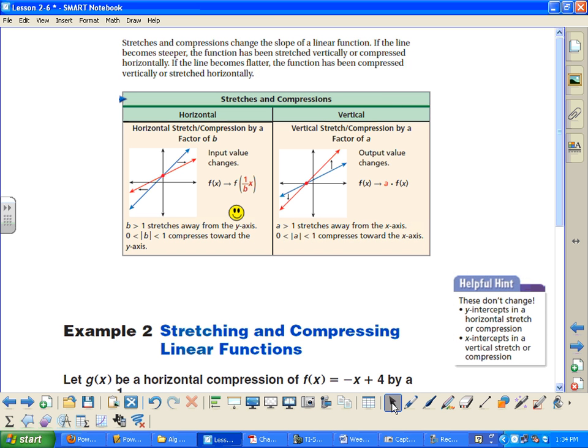What's something when we flip something over, what do we call that? Reciprocal, okay? So when it's horizontal, it's actually going to be the reciprocal that goes in there for x. So if b is greater than 1, it stretches it away from the y-axis. If b is between 0 and 1, it compresses it towards the y-axis. For vertical, if a is greater than 1, it stretches it away. If a is between 0 and 1, it compresses it towards.